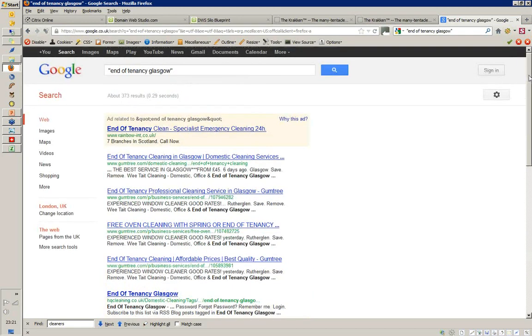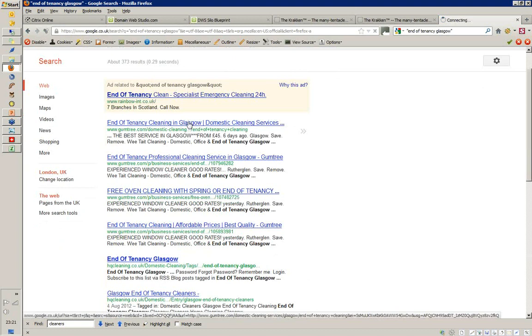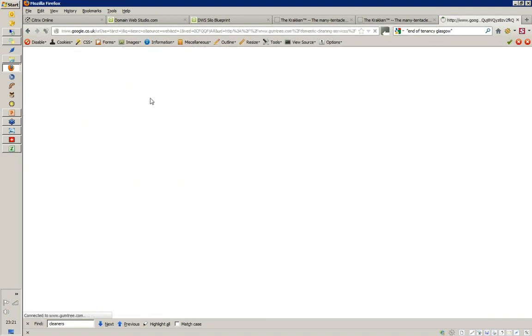So look at this Gumtree quick. These guys are charging best service in Glasgow from $45 a day.